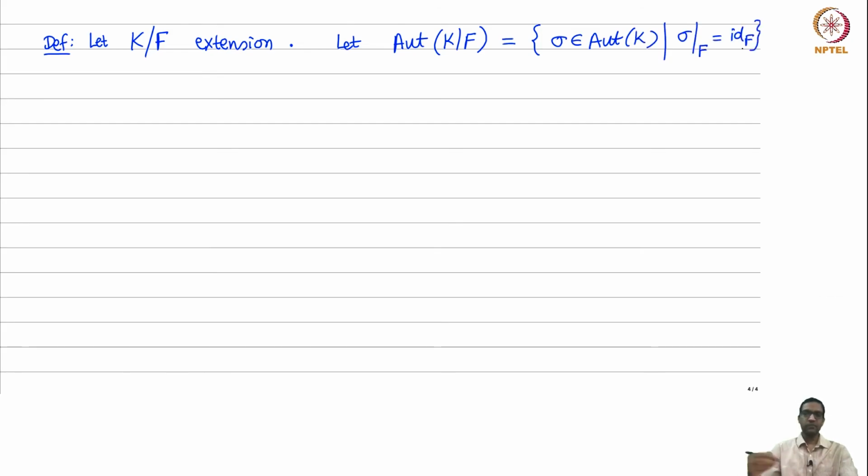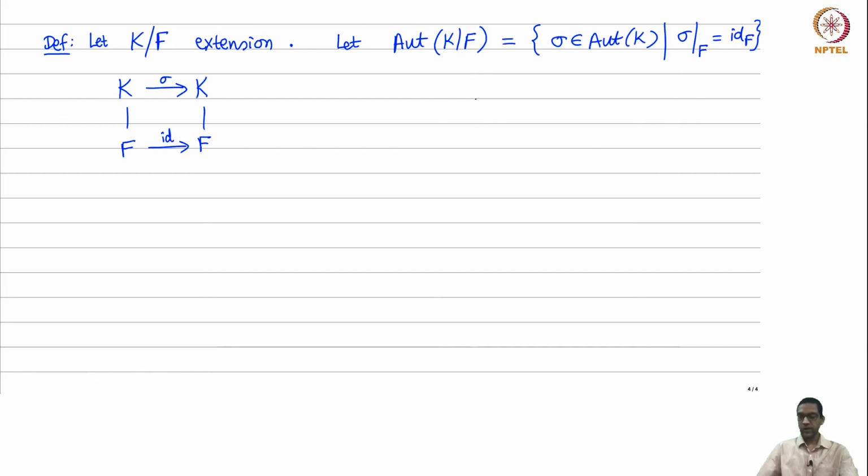Okay, so this in fact came up earlier when we talked about normal extensions and so on. So these are exactly the maps from K to K, the sigmas, which when you restrict to the base field is just the identity on the base field. So they fix the base field.